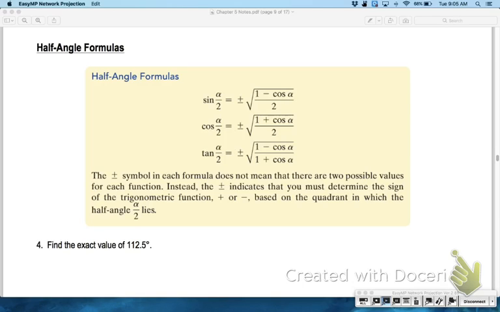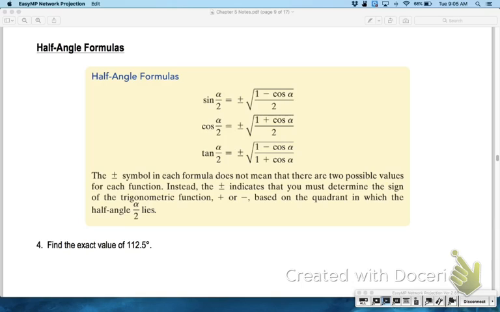That is not the case here. You are either going to choose positive or negative based on the quadrant that the angle is in and what we know about the signs of the six trig functions in the different quadrants. So it's whichever quadrant the half angle lies in.